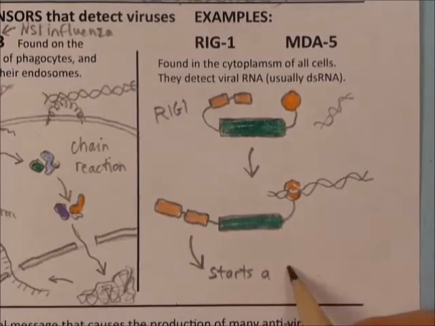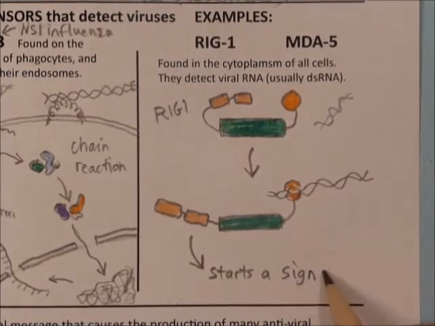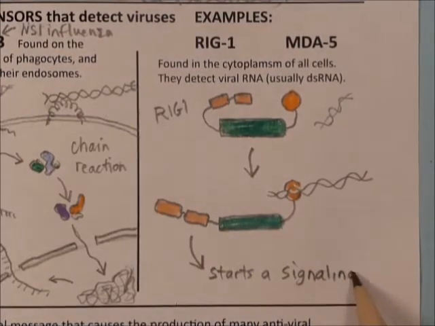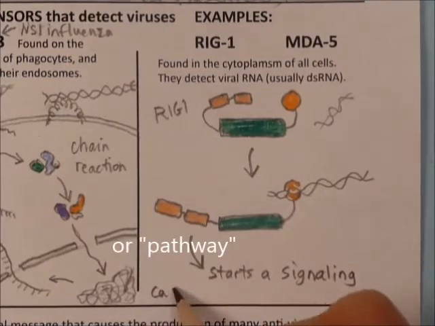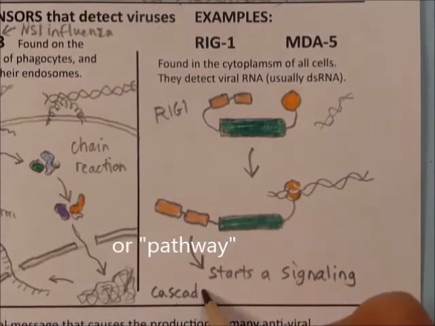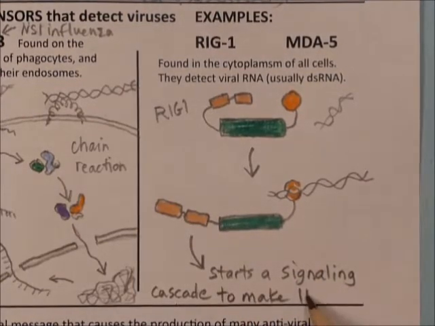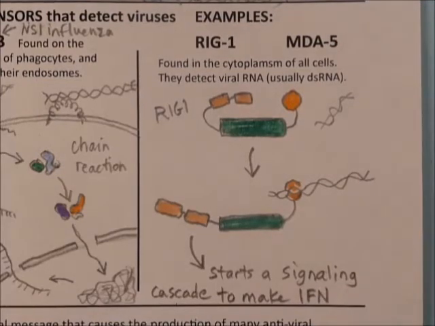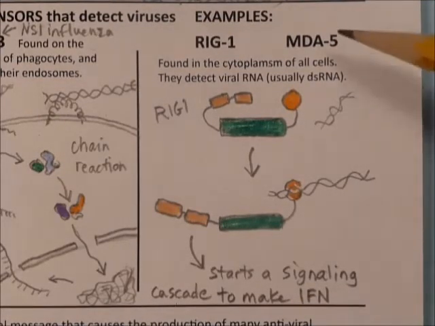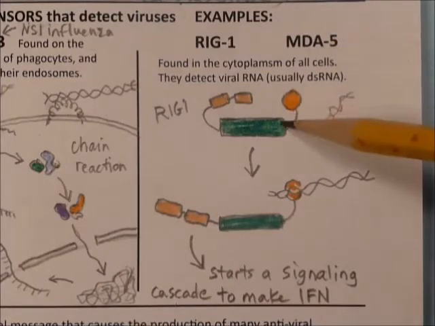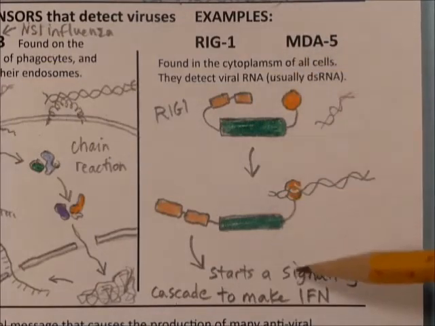It starts a signaling cascade to make interferon. You can just put IFN. So we're just not going to show MDA5 here. It would look a little bit different, but it would have the same effect.